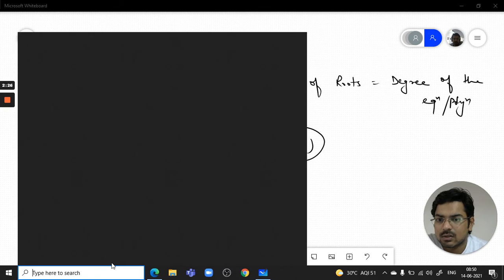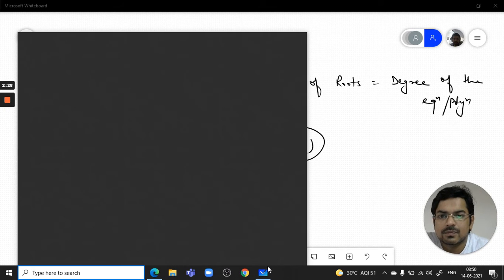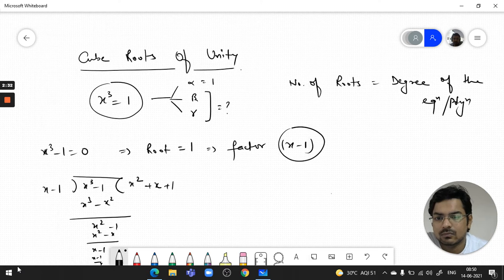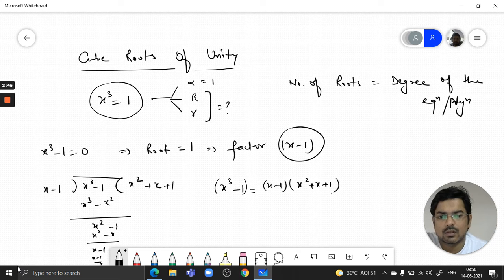So we can write x cube minus 1 equals x minus 1 into x square plus x plus 1. One factor is this and the other factor is this. From this factor we need to find the 2 roots, beta and gamma.